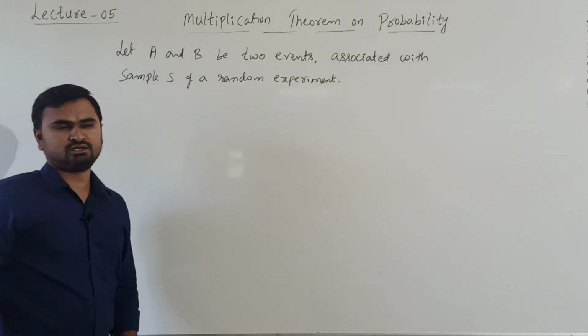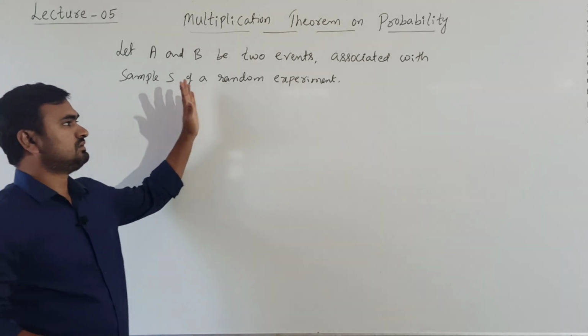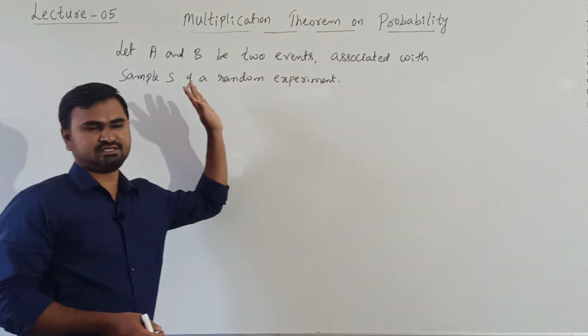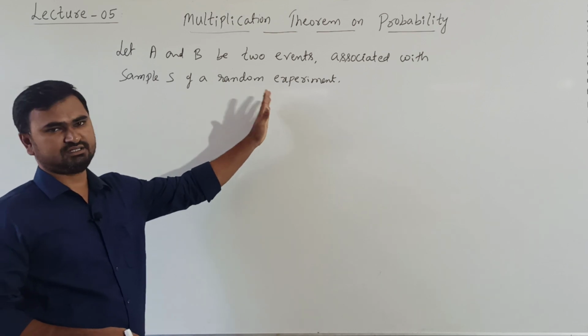So there are two events A and B associated with the sample space S of any random experiment given.